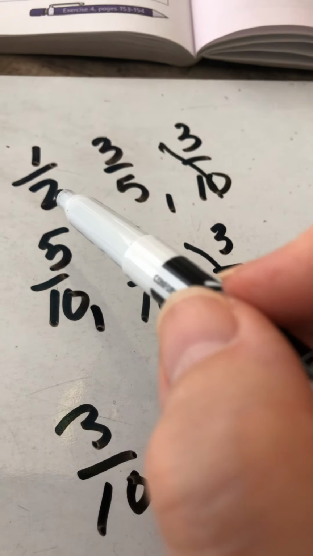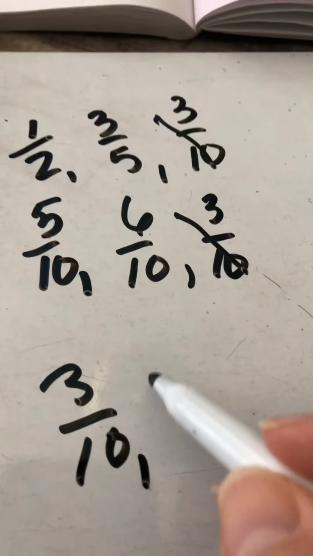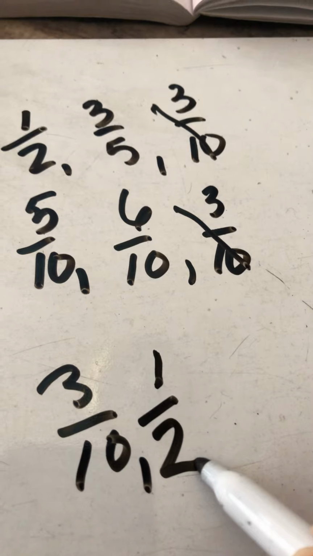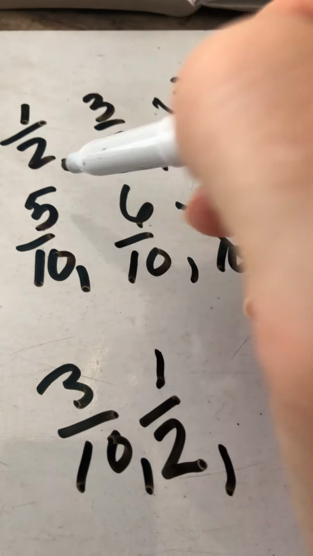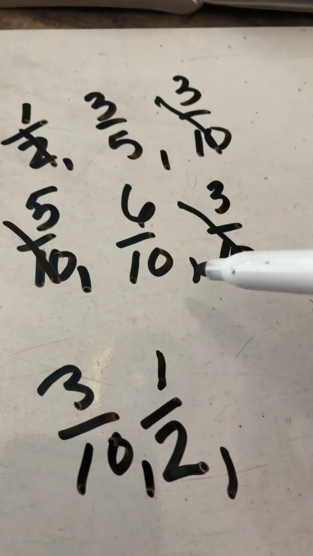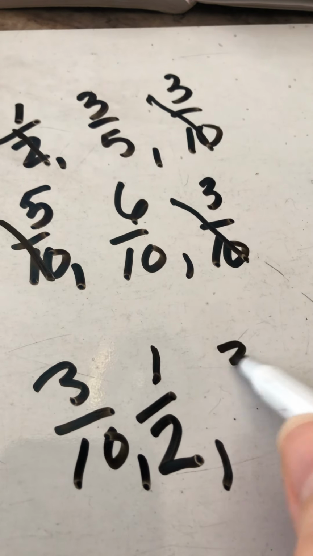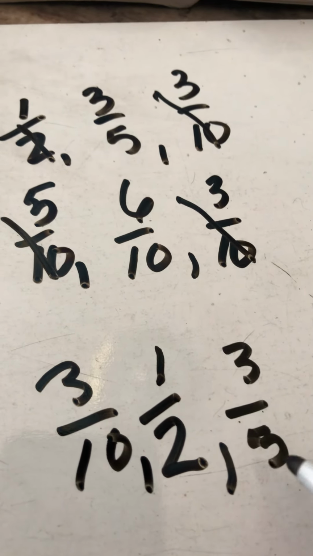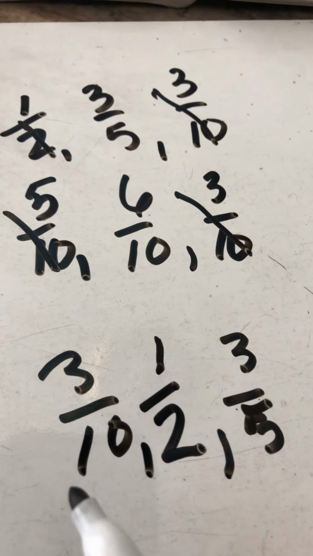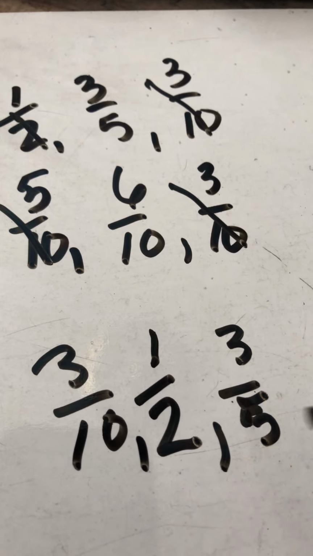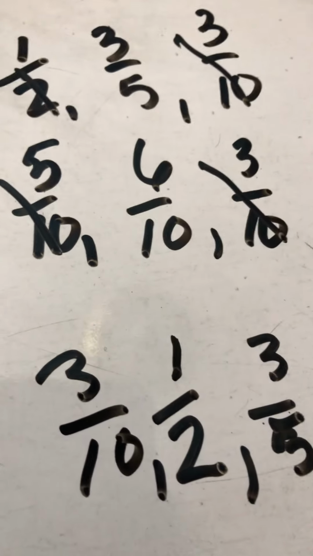I want to go back up to the original problem, and that was 1/2. So 1/2 would be next, which would mean the largest piece is 6/10, which is the same as 3/5. So going from smallest to largest, 3/10, 1/2, 3/5.